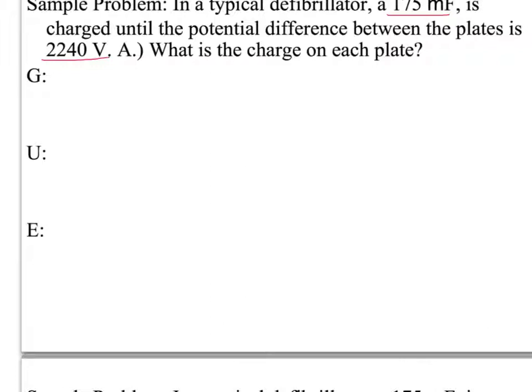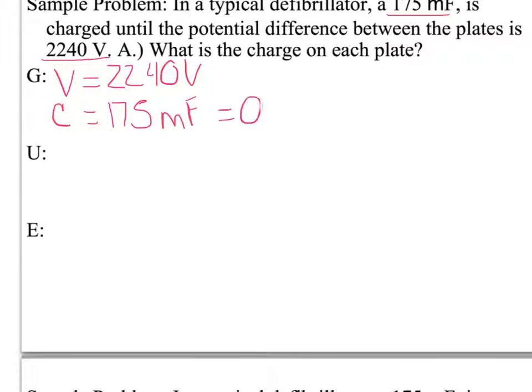Given we have potential difference or voltage equals 2,240 volts, and capacitance equals 175 millifarads, which is equal to 0.175 farads.